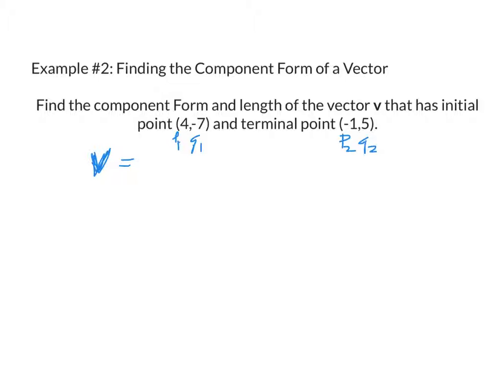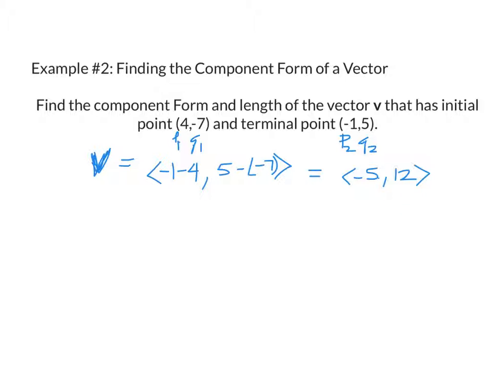So in vector form, that would be -1 minus 4, comma, 5 minus -7. That would then give you ⟨-5, 12⟩ as the vector.